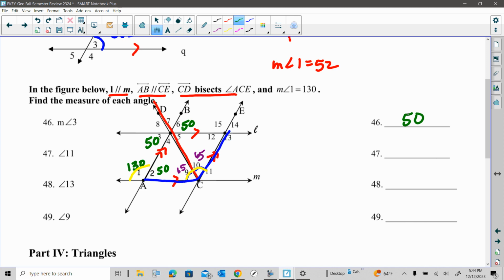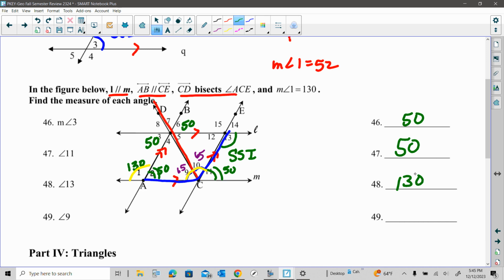That was 50. Angle 11 is going to be corresponding to angle 2, so that is also 50. Angle 13, which is over here, is the same side interior. So if I know that this was 50, this would be 130.